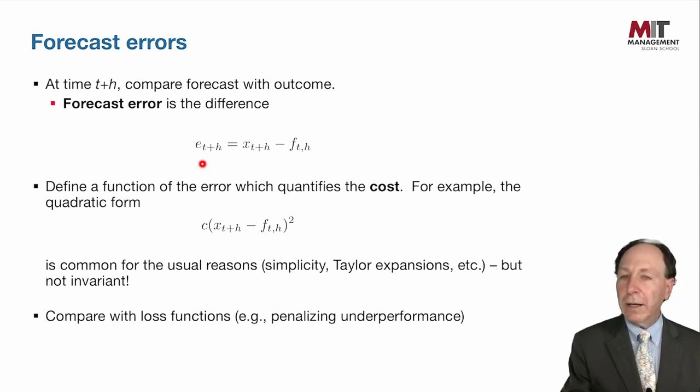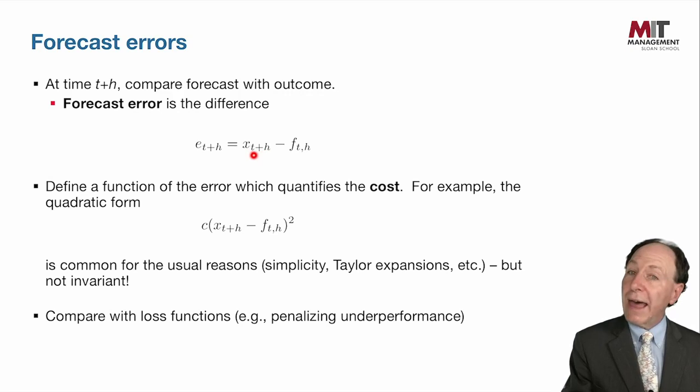So if we define our forecast error with E to be the outcome in the future minus the forecast that was made at an earlier time t, so this is the forecast made at time t with horizon h. And what we want to compare it to naturally is the observation at time t plus h.